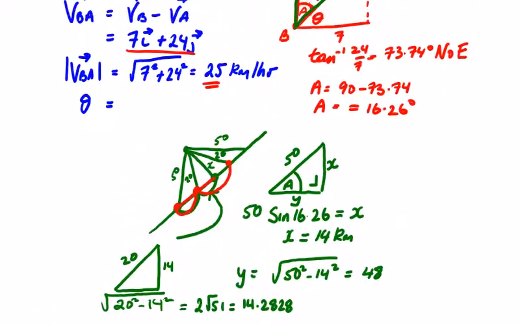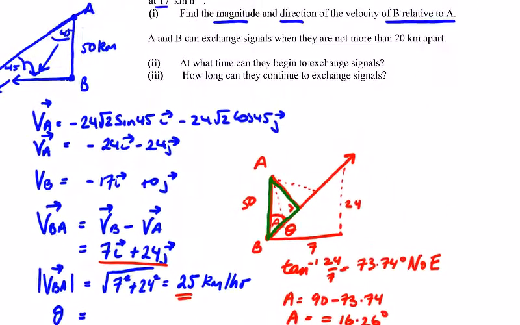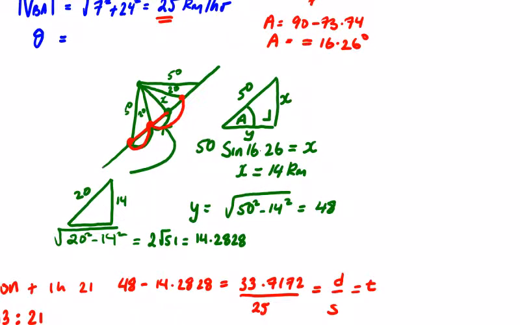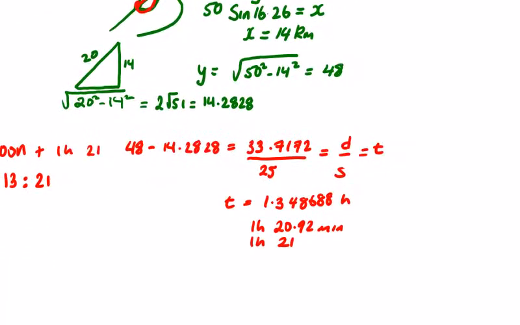And then, what was the last part? How long can they continue to exchange signals? So we need that length there, that double length. We actually have this one in here, don't we? So it's these two together, these two, they can exchange signals. So it was the 14.2828 times 2. That's going to be 28.5656.